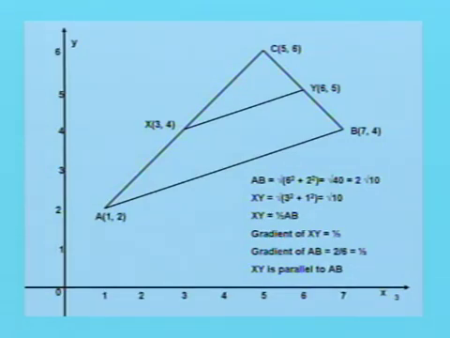So the two lines have the same gradient, that is 1/3. Once lines have the same gradient, then the lines are parallel. So we can conclude that XY is parallel to AB and is equal to half of it, that is half of AB.